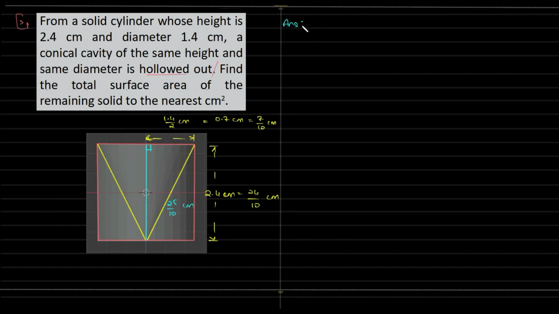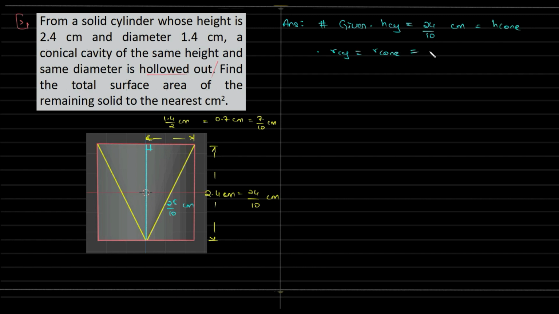So moving on, what is given? Let's start calculating. Height of the cylinder is 24 by 10 centimeter. Next, radius of the cylinder is same as radius of the cone, and this is the height of the cone as well.